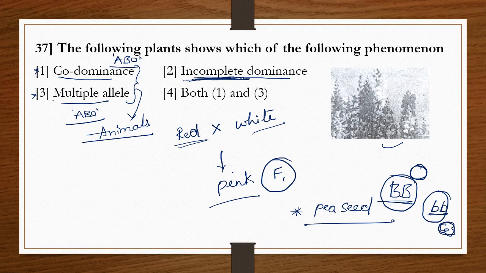When these two are crossed, the F1 generation is medium size and round. If you consider the size, large size means more starch is synthesized, and if less starch is synthesized, it is wrinkled. But in the F1 generation, starch synthesized is more, but the size is intermediate. That indicates incomplete dominance. So that's why the following plant shows the phenomenon of incomplete dominance. Option 2 is the correct answer.